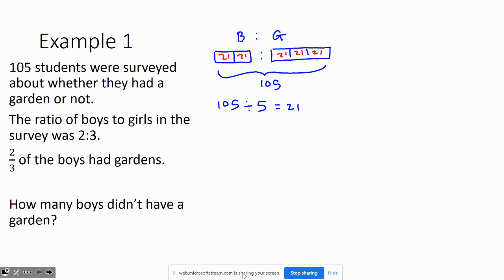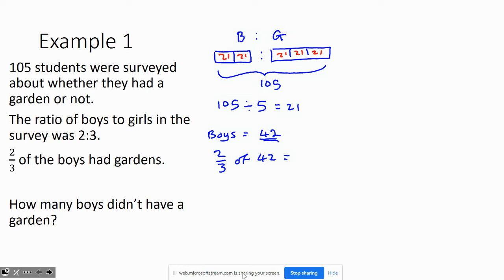Now, 2/3 of the boys had gardens. Well, this means so far we have the number of boys is 2 lots of 21, so 42. Now, 2/3 of the boys had gardens. So 2/3 of 42.